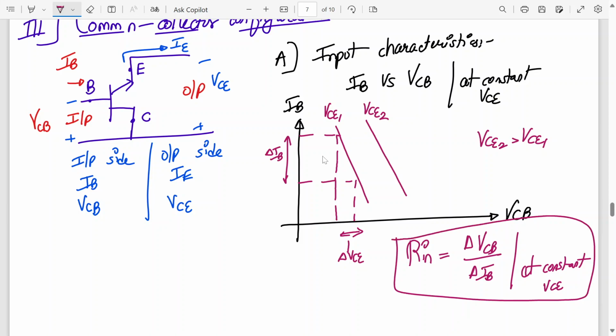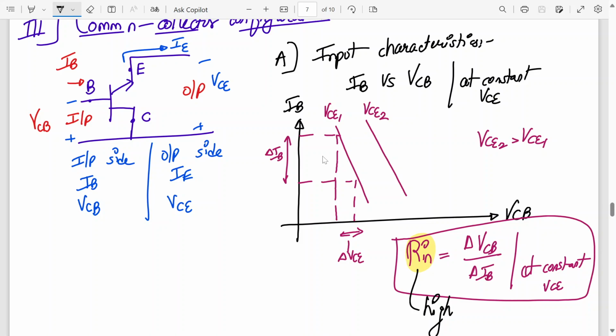In common collector configuration, the Rin value is pretty high, and it uses that for its advantage. So it has its own applications. Rin is called the input resistance of the BJT in common collector mode.